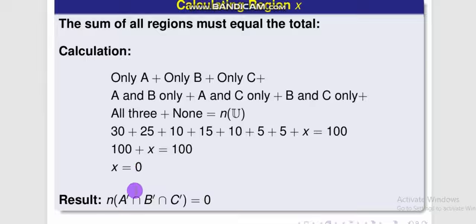So the number who did not read any of these newspapers is 0, meaning all of them read at least one newspaper. Oh my God, these people, you know what they say? They are current. Always stay informed.